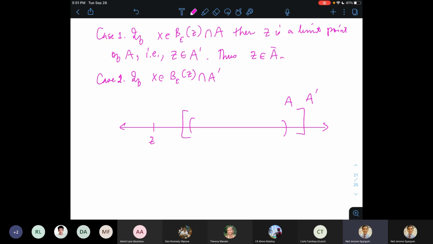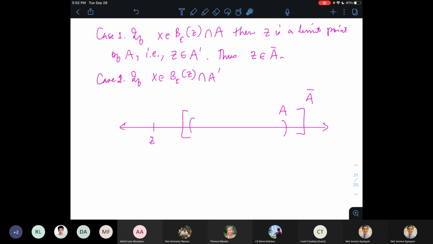Kasi si A bar dapat mas malaki kay A. Kino-contain niya lahat ng limit point, so mas malaki siya dapat kay A. Kasi A union A prime siya. So si Z kunwari nasa labas. Pero ang alam ko, kahit anong epsilon neighborhood centered at Z, may laman na element ni A prime.